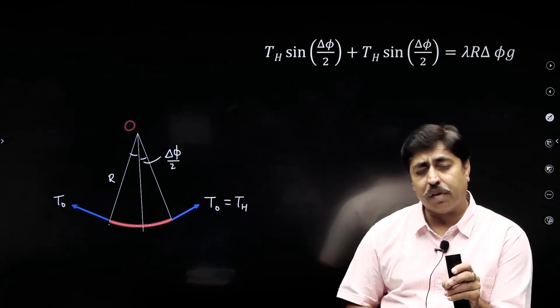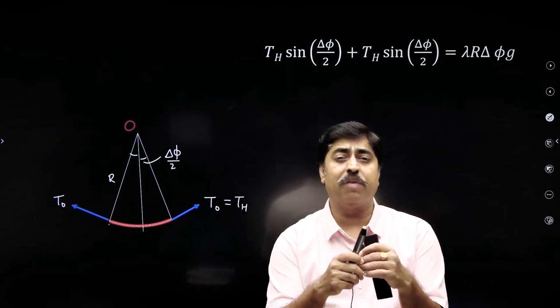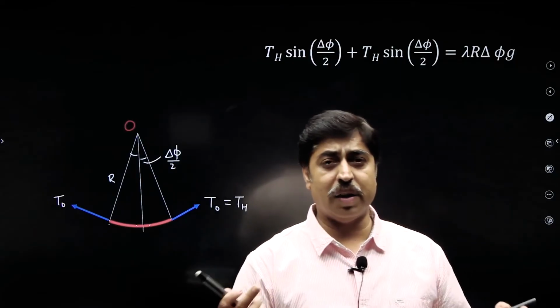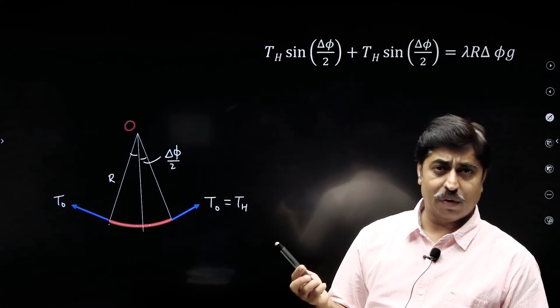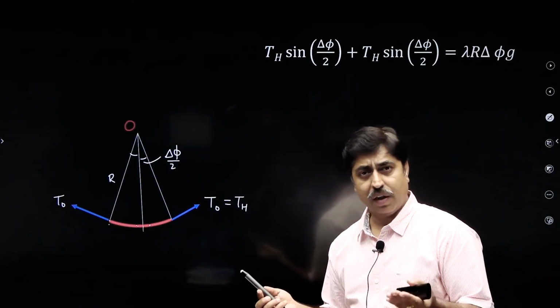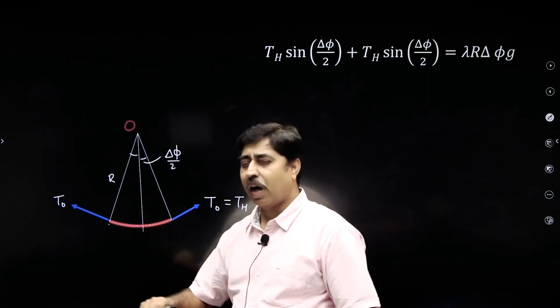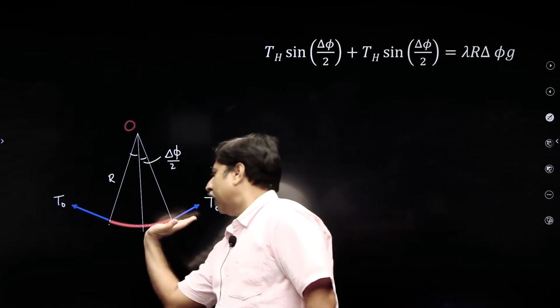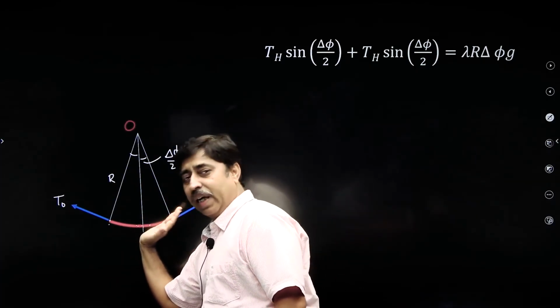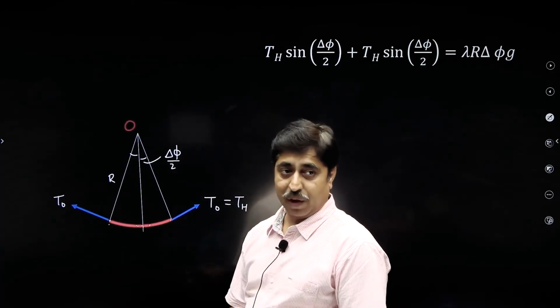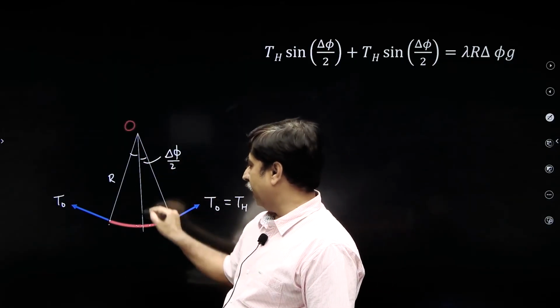It will be slightly different, but only very slightly different. Let us imagine that it is the same as the horizontal component of tension at any point. What I am saying is that tension here, here and here are not very different, but the direction of tension has slightly tilted by an angle of delta phi by 2, right? This is the radius.